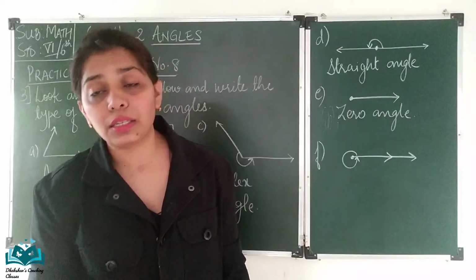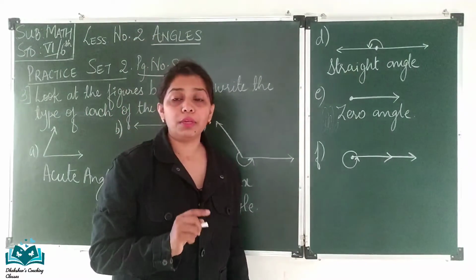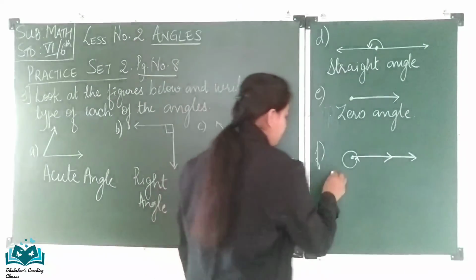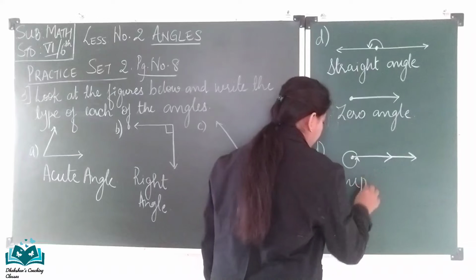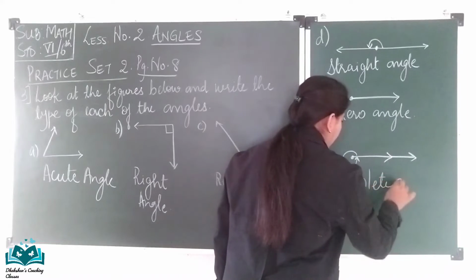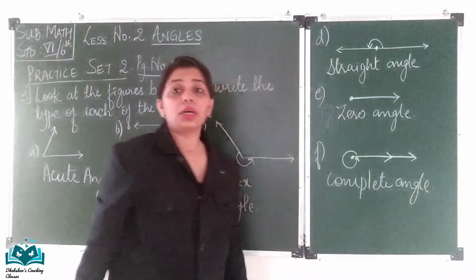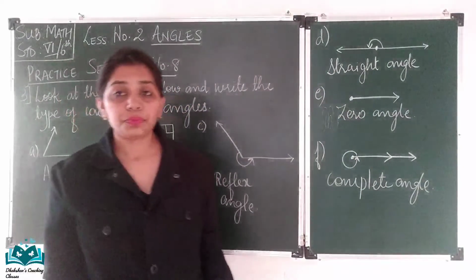Means 360 degree. 360 degree means it is a complete angle. It is your complete angle.